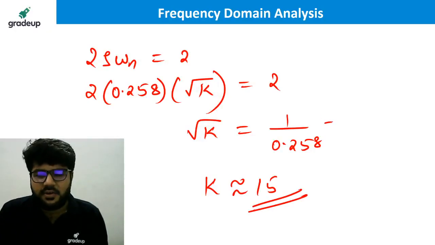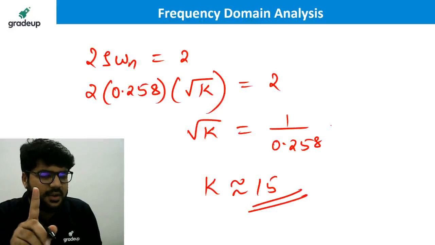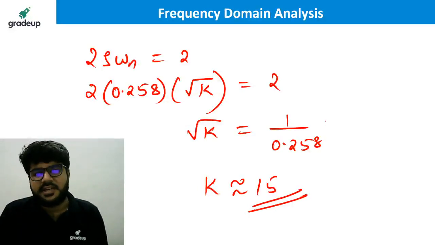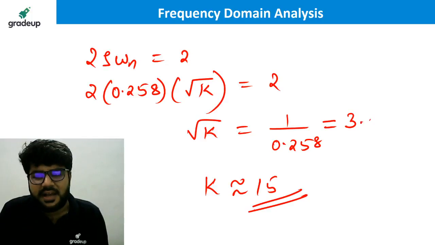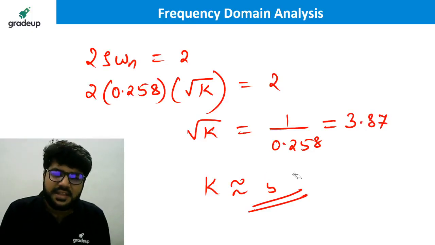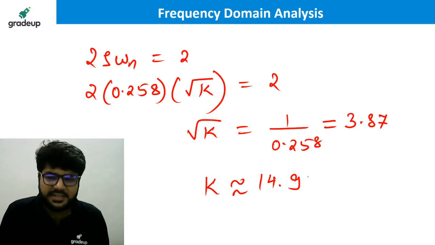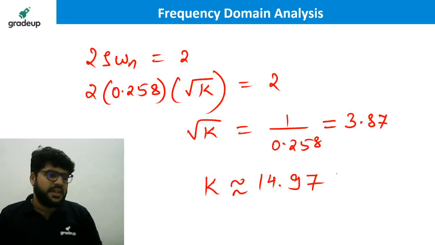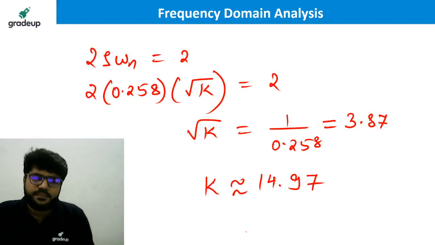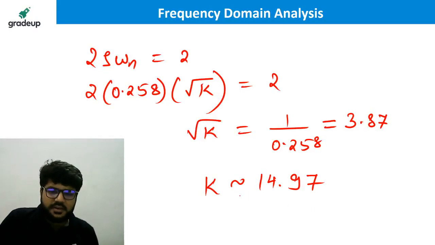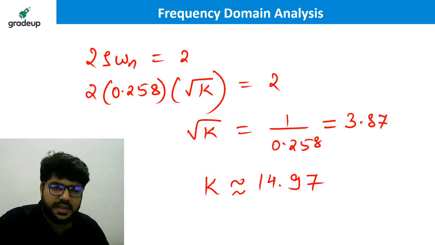Yeah, that depends on approximation. For NAT questions, don't worry about accuracy. There will be a range given. So here, suppose if you are writing the answer as just 3.87, and when I take the square separately, then it is giving me 14.97. That is also fine. 14.9 is also fine. Approximately 15 is also fine. Okay, guys. That's the answer.